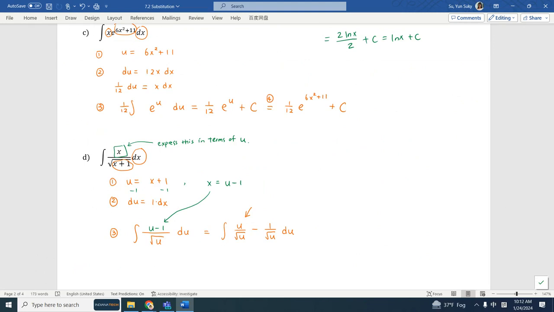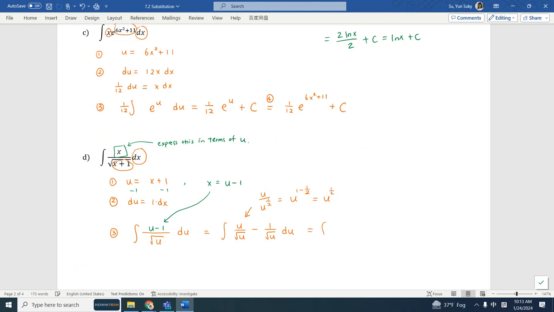Okay, let's simplify that. The first term is u over, what is square root? u to the what power? u to the 1/2. And if you have u over u to the 1/2, what do you do to the exponent? Subtract. What's u to the 1 minus 1/2? 1/2.